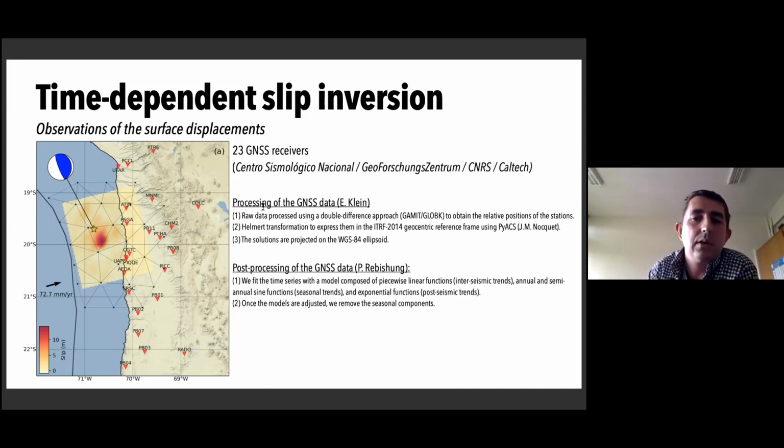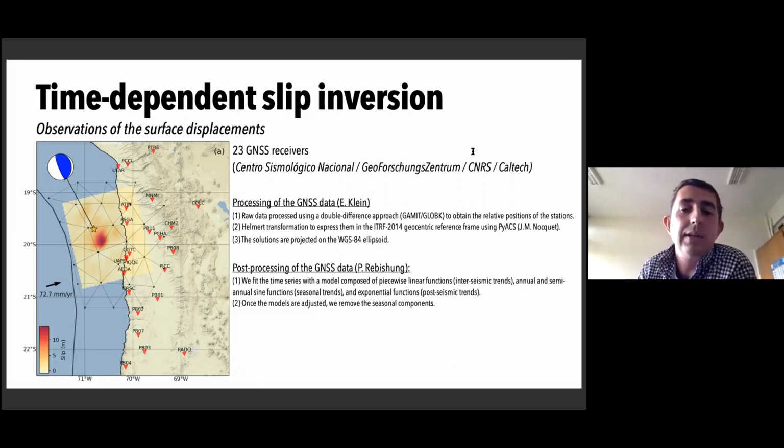Then there was a Helmert transformation so that the solutions are expressed in the ETRF2014 geocentric reference frame, done using PIAX, which Jean-Mathieu and you guys are probably very familiar with. Then the solutions were projected onto the WGS84 ellipsoid. That gives us our raw data.